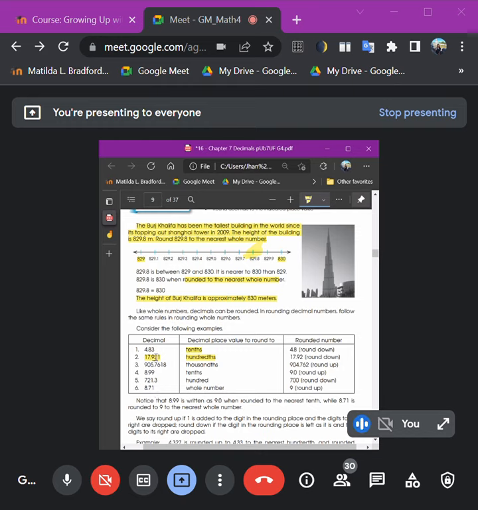So is it round up or round down? Round down, because what is on its right? 1. So our answer there is 17 and 92 hundredths.